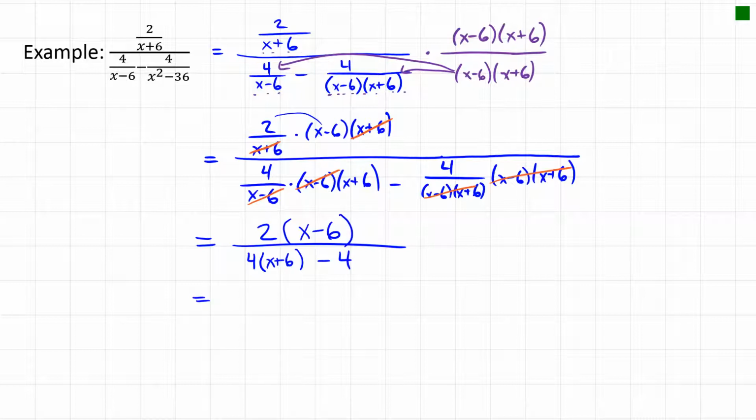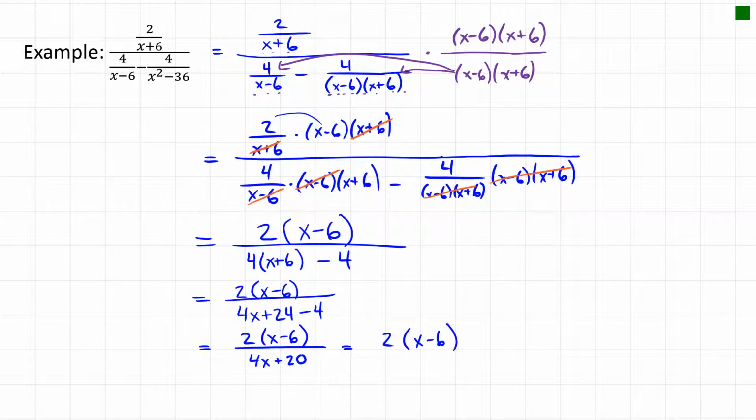And so I'm going to continue to simplify. I'm not going to touch my numerator just yet, but I am going to expand my denominator, which is going to give me 2 times x minus 6 over 4x plus 24 minus 4, which is 4x plus 20, which can be simplified: 2 times x minus 6 over, factoring out a 4, x plus 5.